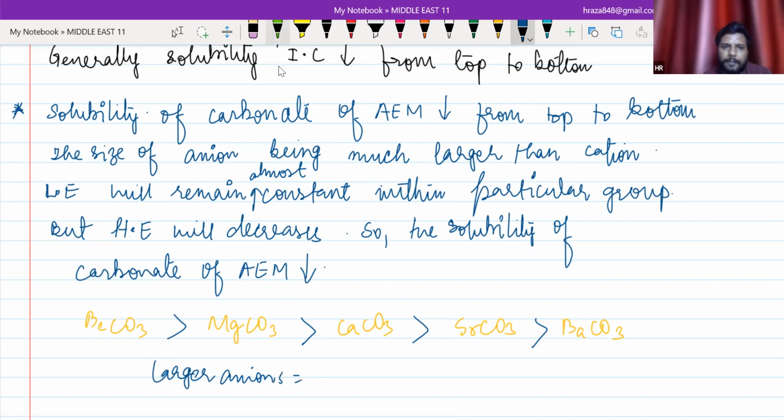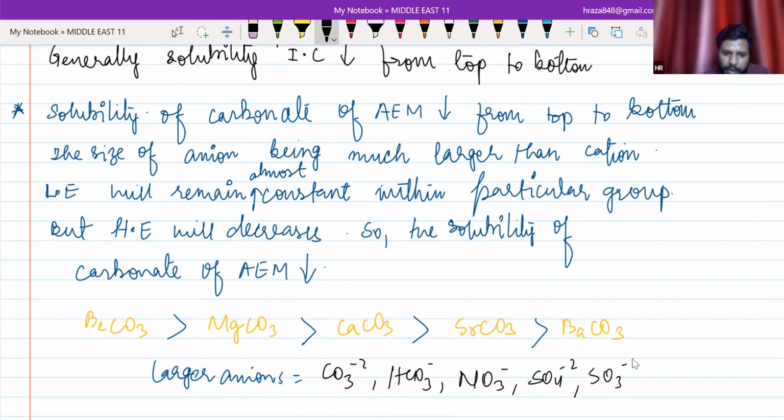You already know polyatomic anions like CO3 2-, HCO3 minus, NO3 minus, SO4 2-, SO3 2-, S2O3 2- also, I minus, Br minus; we take these as larger anions. Whenever a larger anion is there, lattice enthalpy is almost the same, and due to the cationic size, hydration enthalpy varies. If you are done with this, let me know, please.